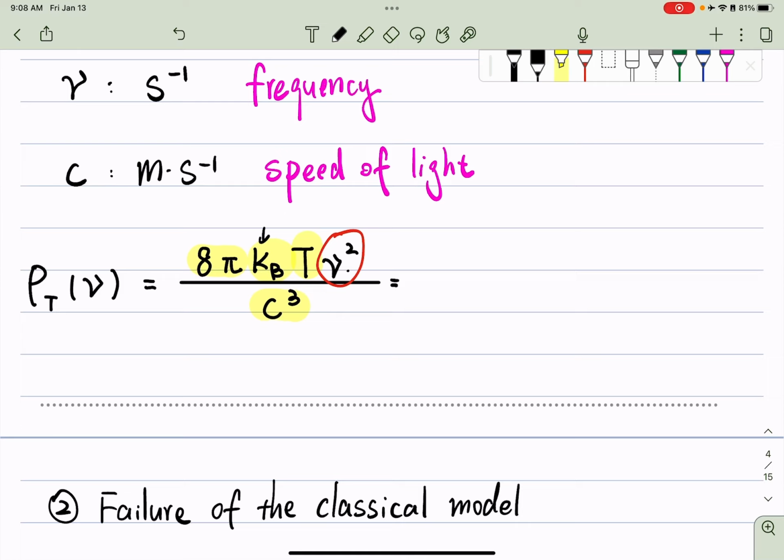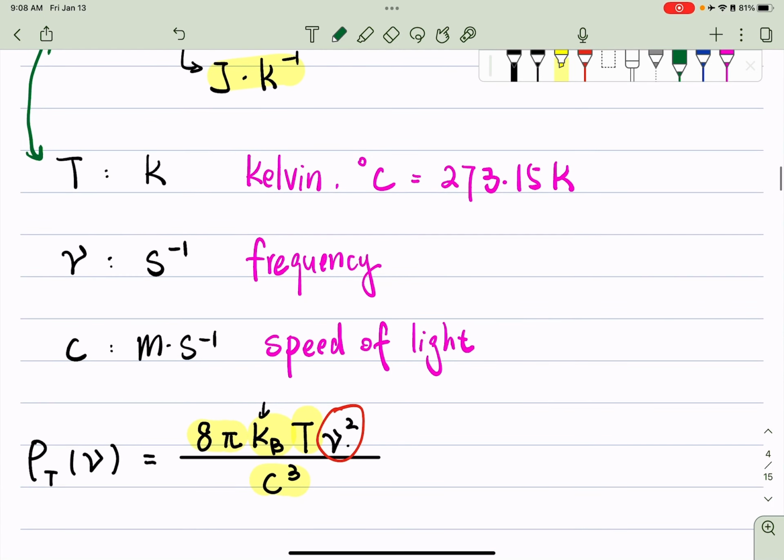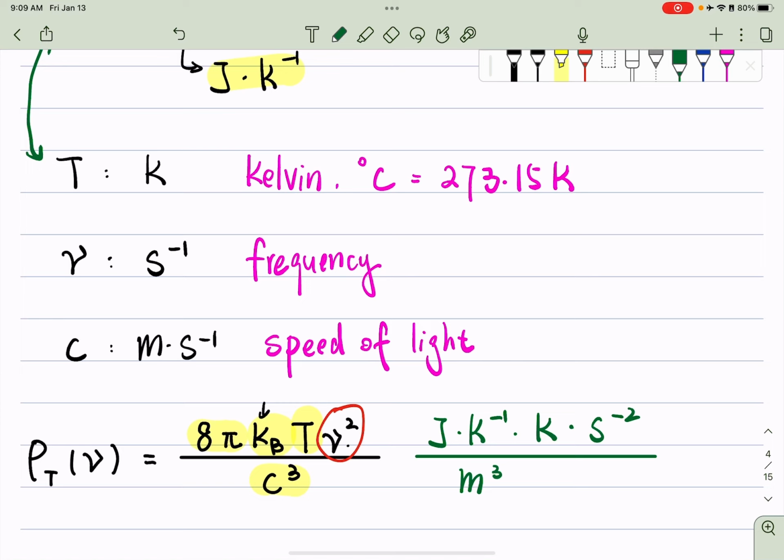And if we ignore everything else and just look at the units, what we have for Kb, the Boltzmann constant, is joule per Kelvin. For temperature, that's Kelvin. For frequency squared, that's s minus 2. And on the bottom, we have m cubed s minus 3.